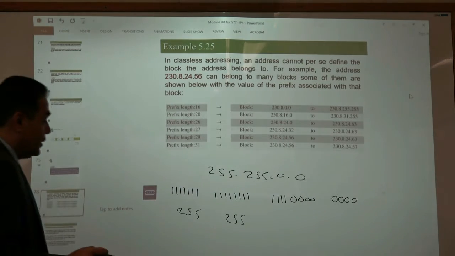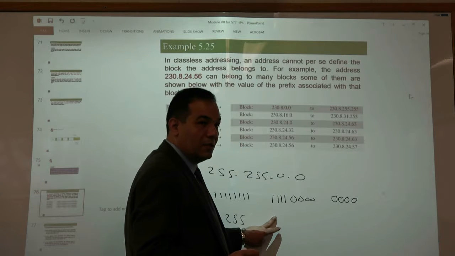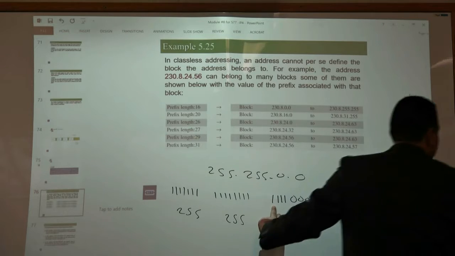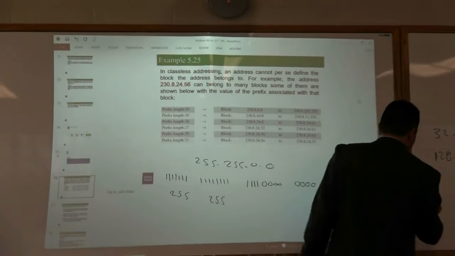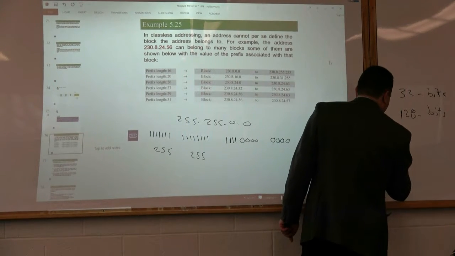Right? So let's calculate the network mask. How much is the network mask? 128 plus 64 plus 32 plus 16.